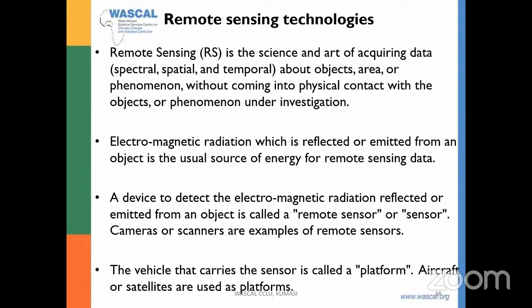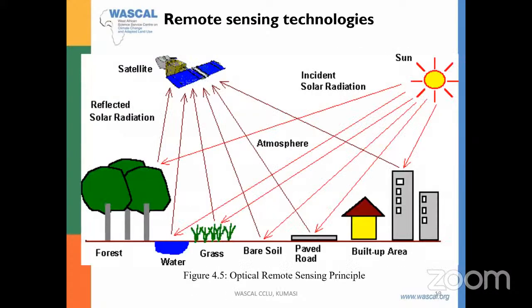And on board these sensors are platforms. So some of the platforms can be aircraft, can be UAVs, or satellite platforms which are in space. And with the sensors, we can have cameras or scanners. So mostly the UAVs or drones use cameras as their sensors for collecting this electromagnetic energy. So this is how it occurs.